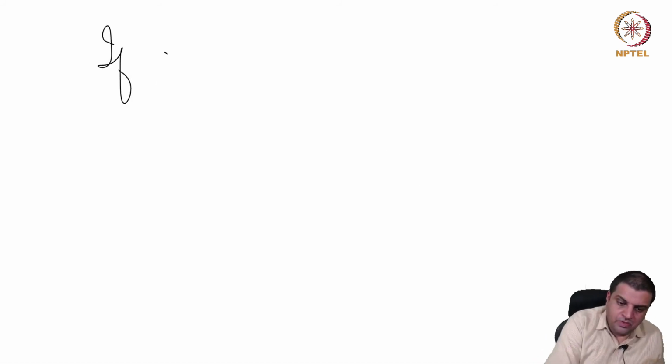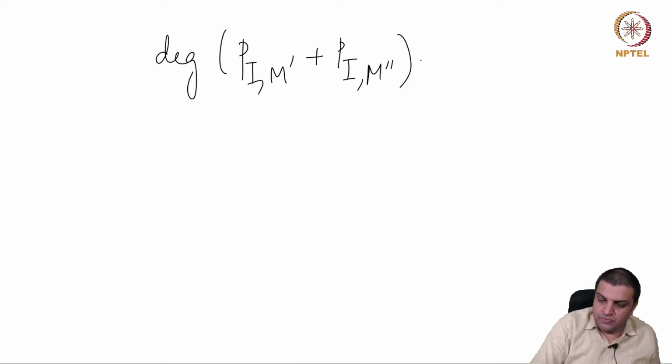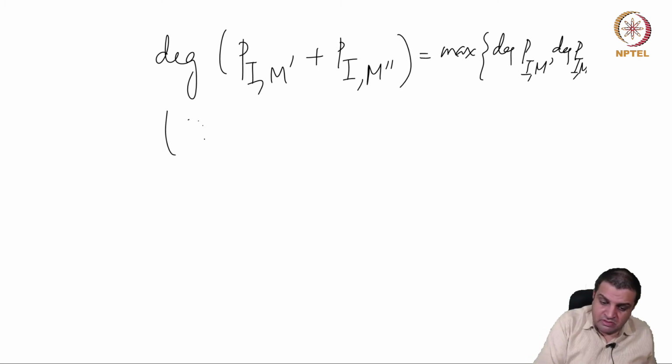Let's just quickly observe this part. The degree of their sum is equal to the maximum of their individual degrees. That's because they both have positive leading coefficients.